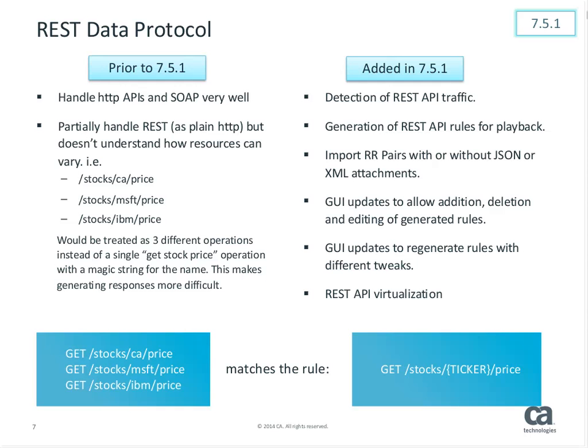You're able to import RR pairs with or without JSON or XML attachments. So if you have the attachments necessary, you have that ability. We also have updates to our UI that allow you to add, delete, and edit the rules that were generated by our automatic detector. So that's key for you needing to monitor or manage it yourself.